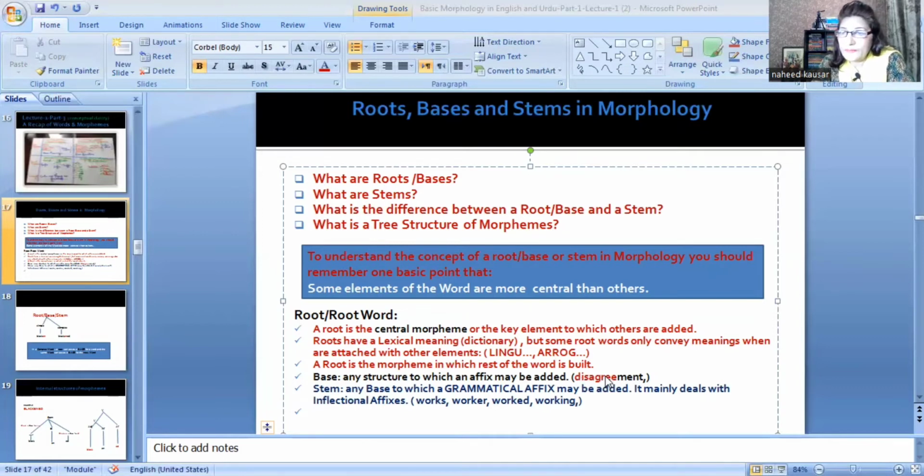So at times, bases are the structures on which any affix can be added. Here you can see that in this example, disagree is the base, right? And ment is the affix which has been attached to it. Although if we further analyze this disagree word, it can be further divided.